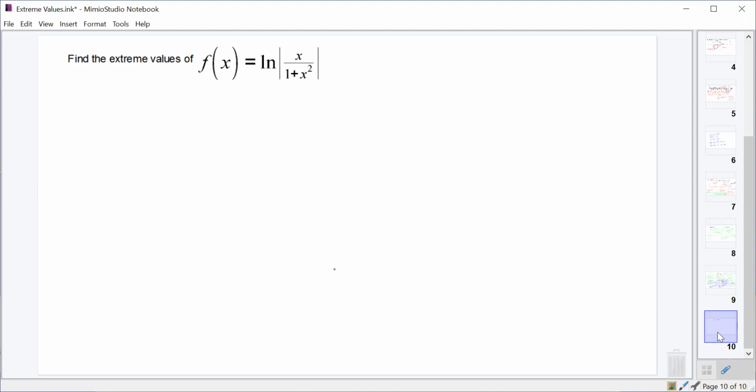Find the domain. Yeah, we still need to find the domain first. All right, finding the domain. Yeah, that's always a good thing to do. So how are we going to do that? Denominator can equal 0. Okay.